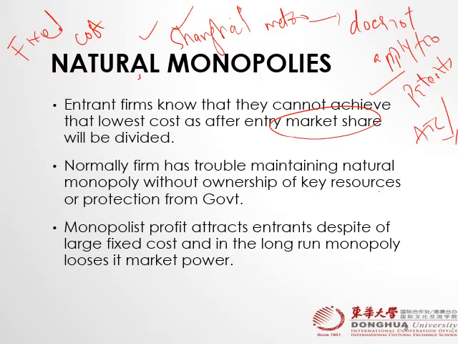So normally firms have trouble maintaining a natural monopoly without ownership of a key resource or protection from the government. Do you think that a company can keep its average total cost always on the falling half? Maybe after 10 years it has to go towards constant returns to scale and ultimately go above.